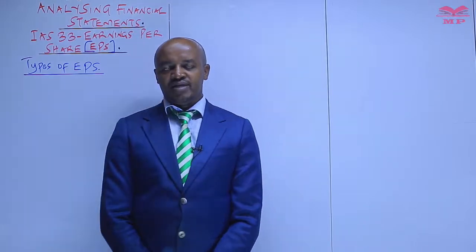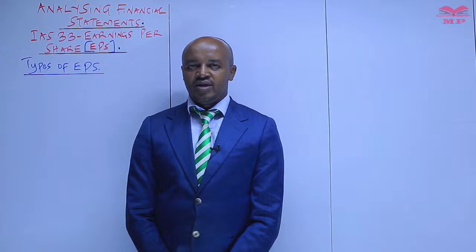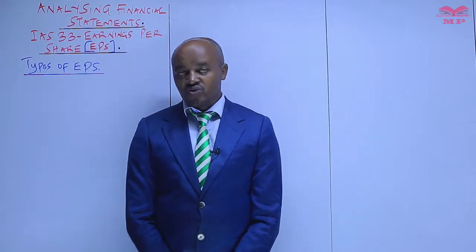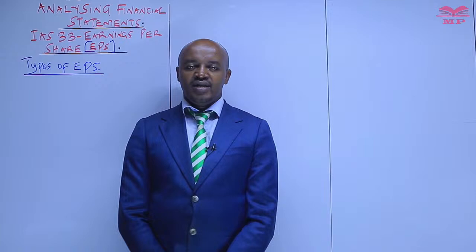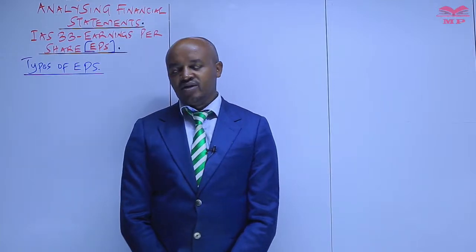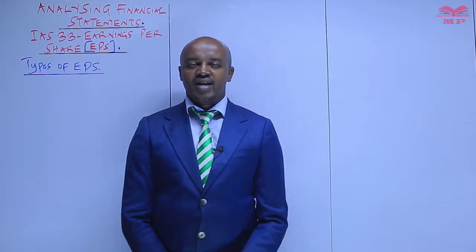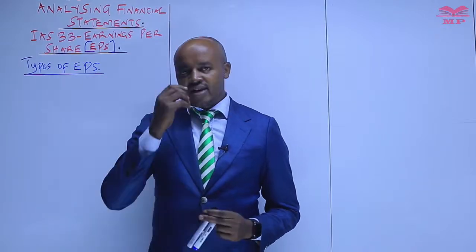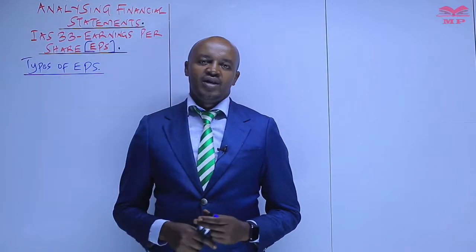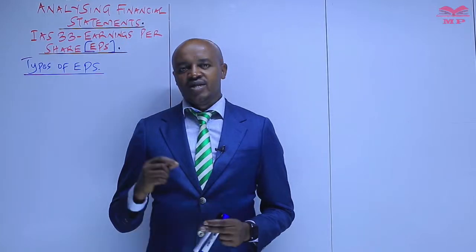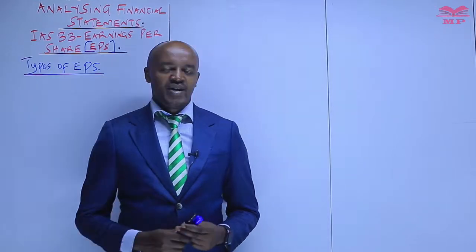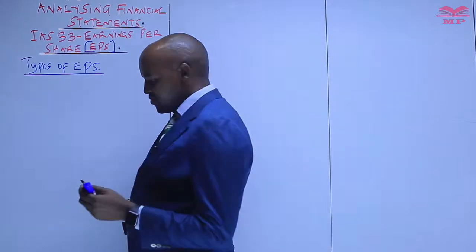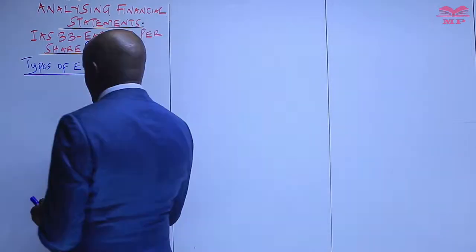In this session, I want us to continue and look at the various types of earnings per share to be computed and disclosed by listed companies. Remember, in our first session, we said that listed companies are required to compute and disclose earnings per share in accordance with International Accounting Standard number 33. So we have two types of earnings per share to be computed and disclosed by listed companies.